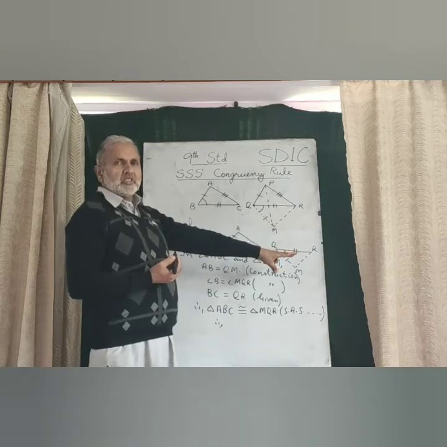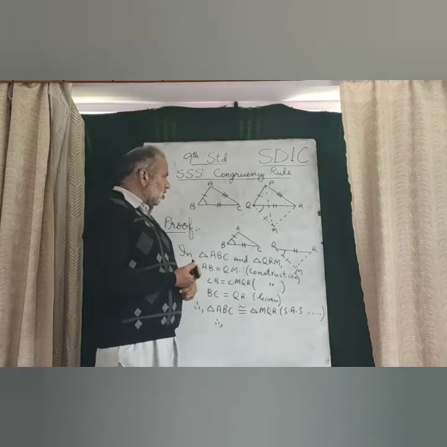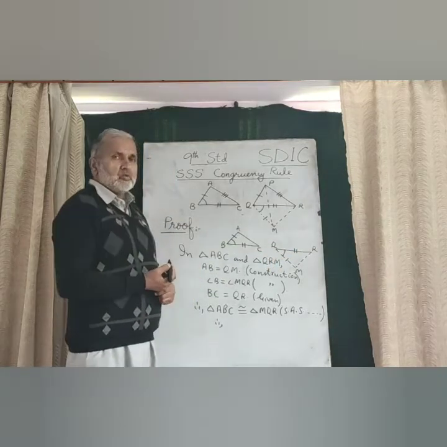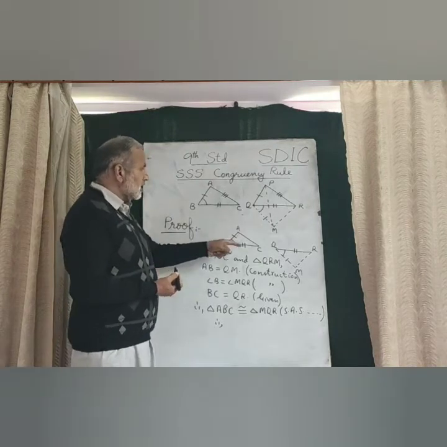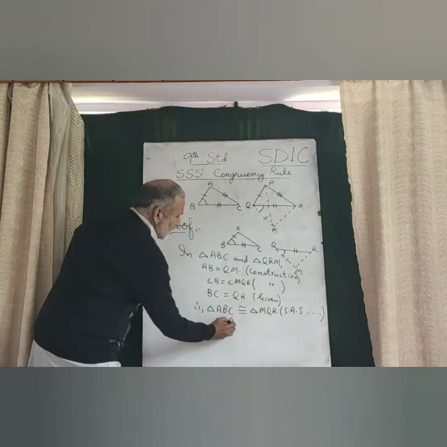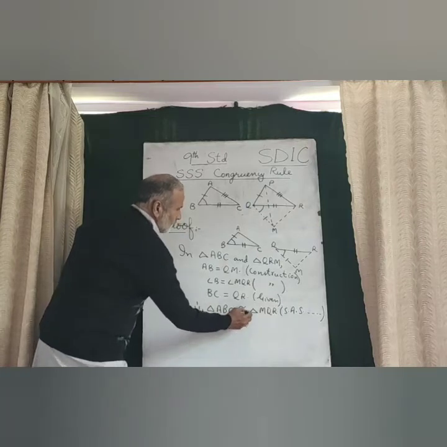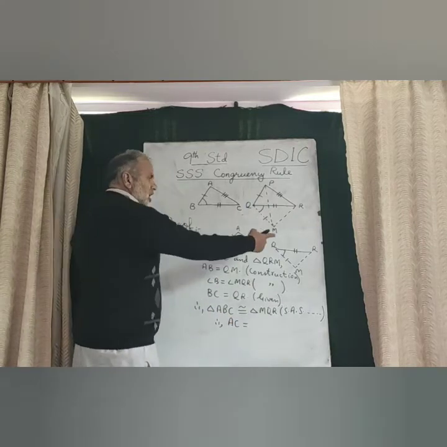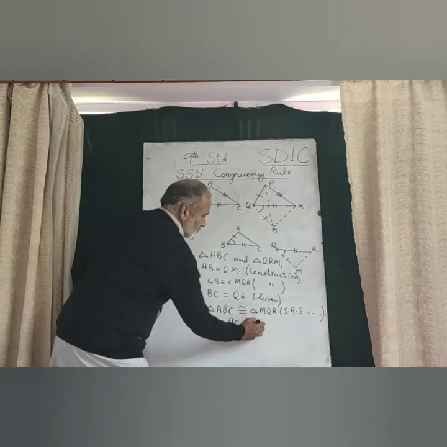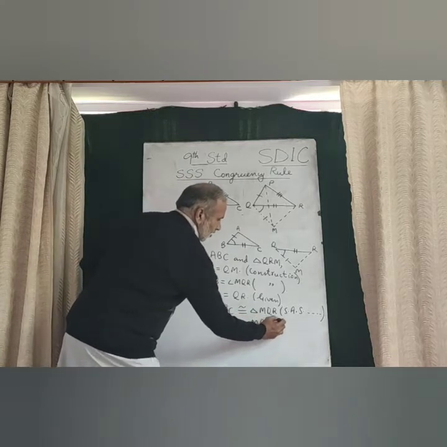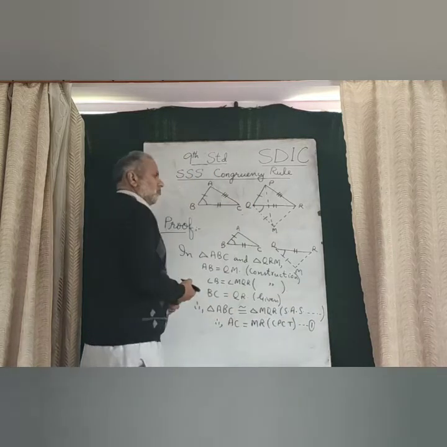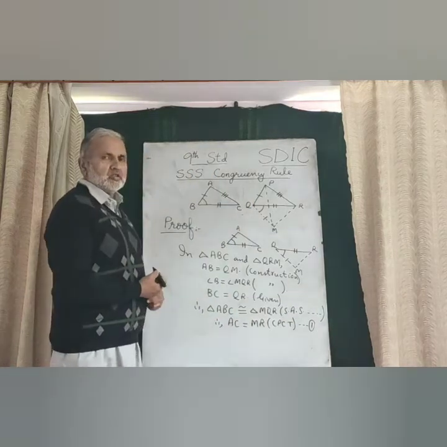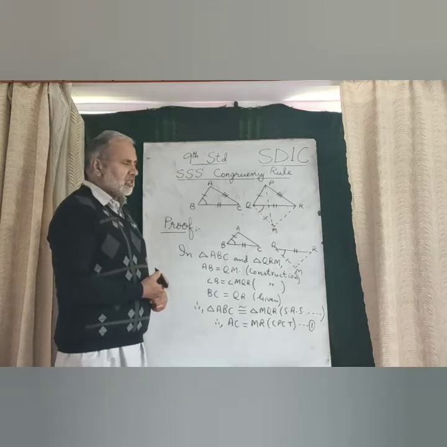This is called CPCT. And out of those three results, we need two here for this question. What are those? We need, therefore, AC side of first triangle will be equal to MR side of second triangle. We'll call it CPCT and mark it as first. AC will be equal to MR. This is first CPCT result we need.